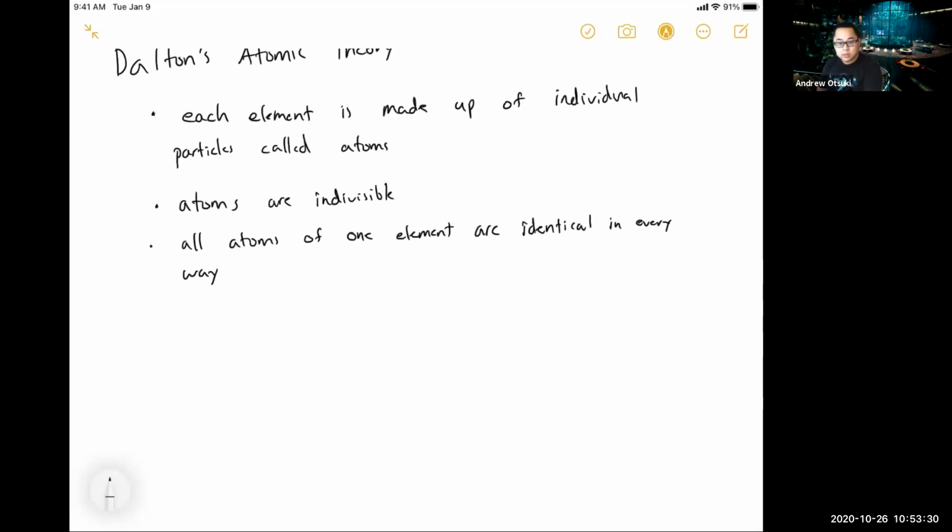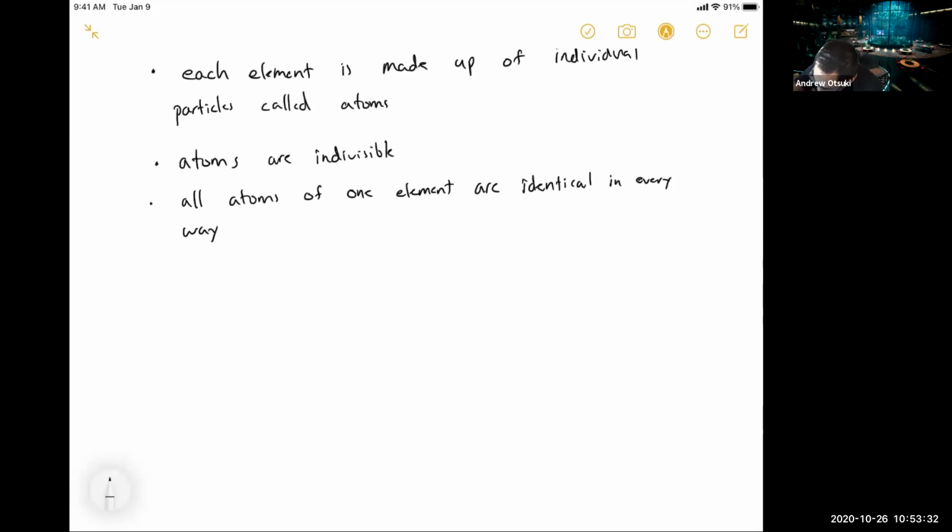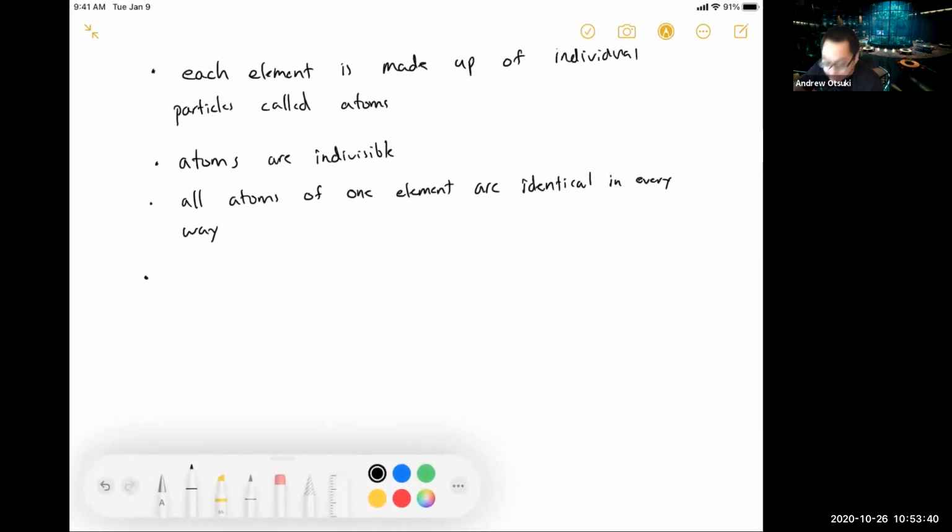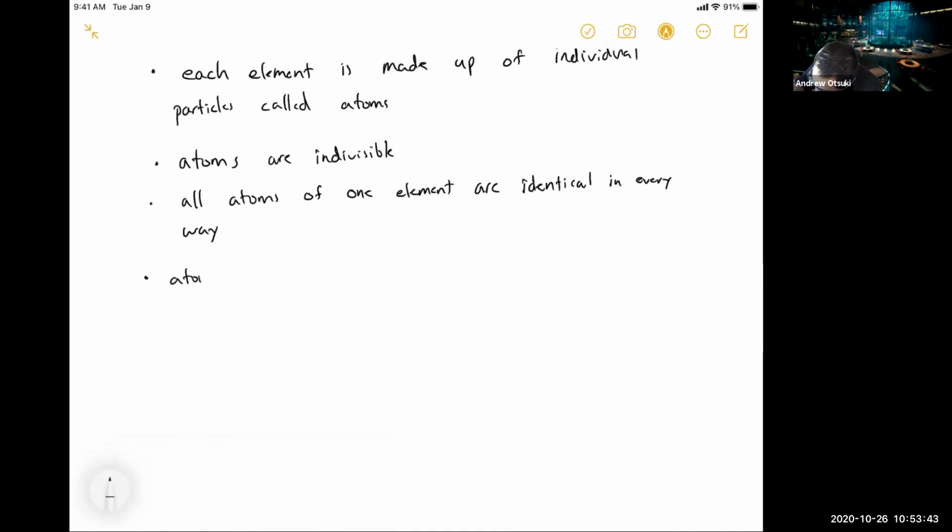On the contrary, atoms of one element are different from atoms of any other element.